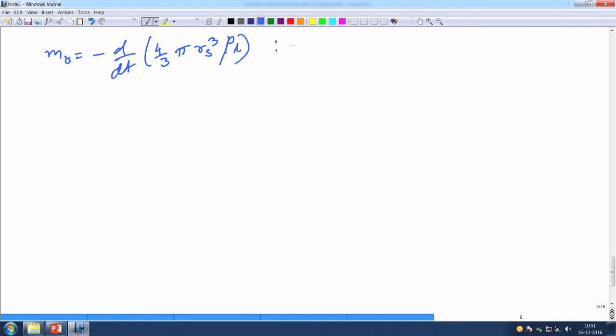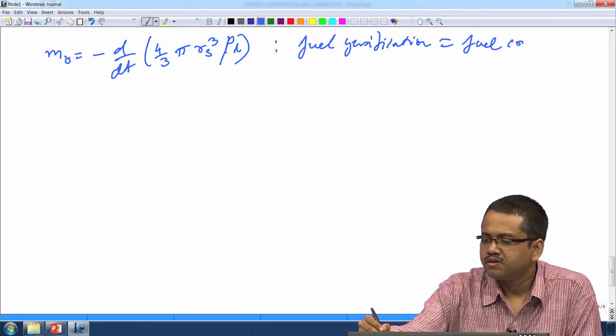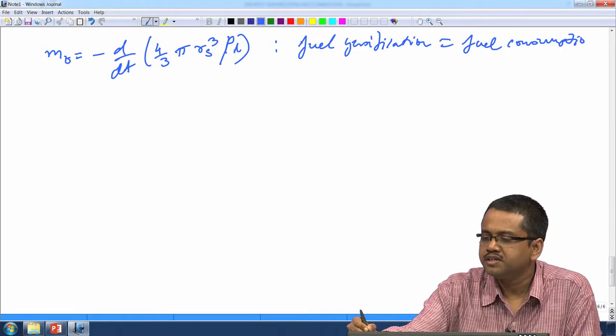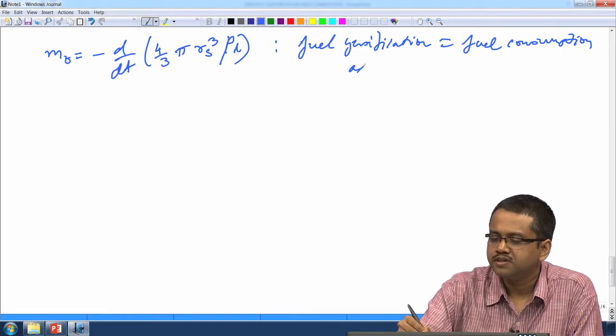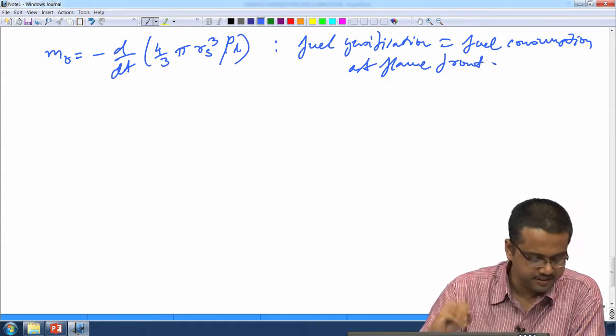So, what we have said is that the fuel gasification is the same as fuel consumption at the flame front. That was the basic assumption, right? Got it? Okay.